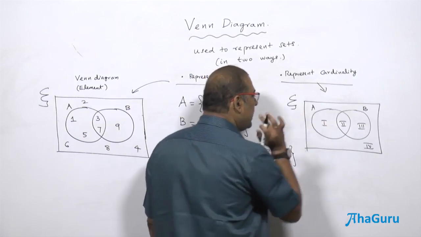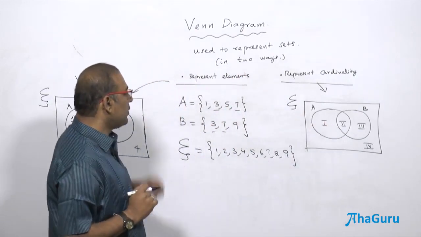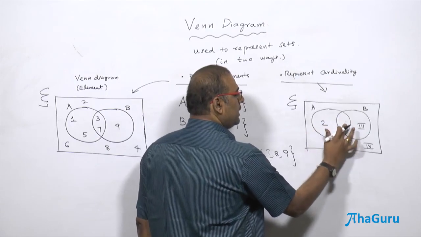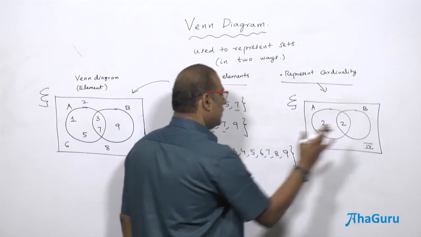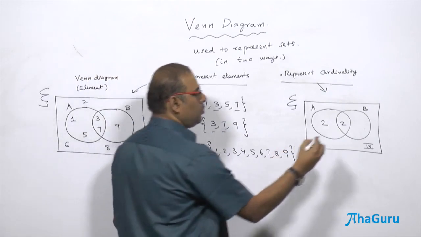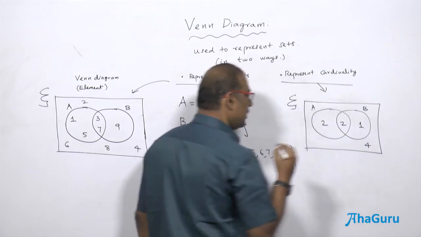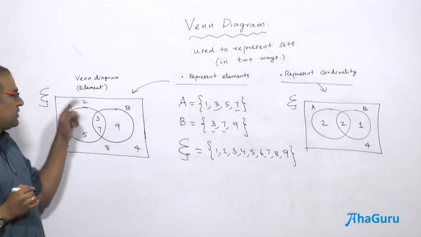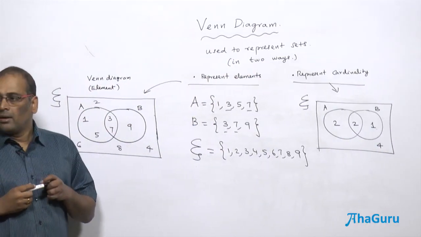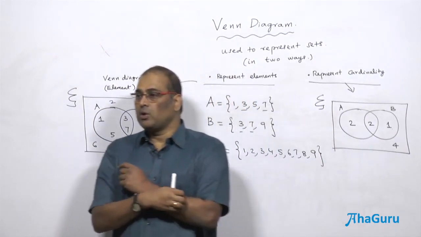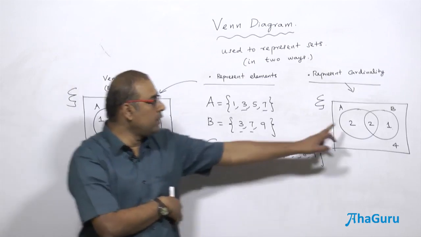So how many elements are only A? 2. A and B, 2. B only, 1. There should be 4 elements outside. That's what you see here. But you should not mistake that the elements of A are 2. Obviously 2 and 2 don't come, right?